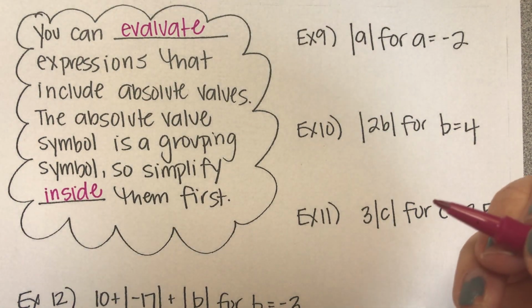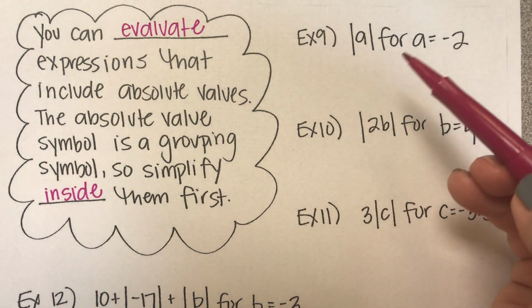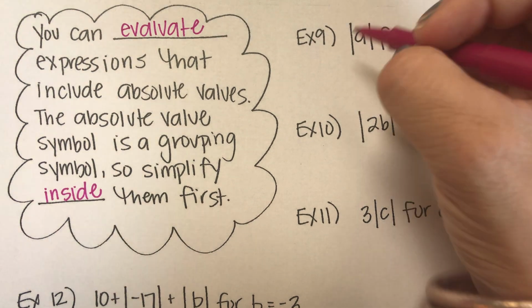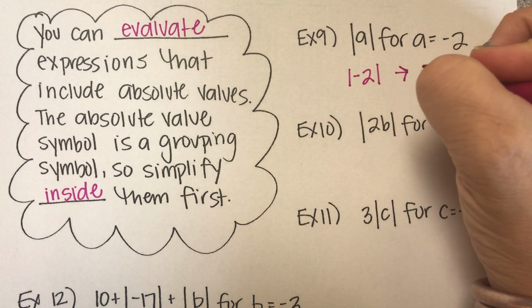So yesterday when we talked about PEMDAS, right, parentheses and other grouping symbols is first. That includes absolute value. So on number 9, it says evaluate the absolute value of a, for a is negative 2. So what would be the absolute value of negative 2?